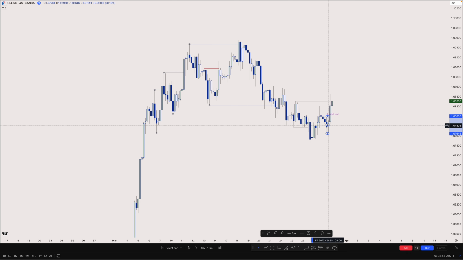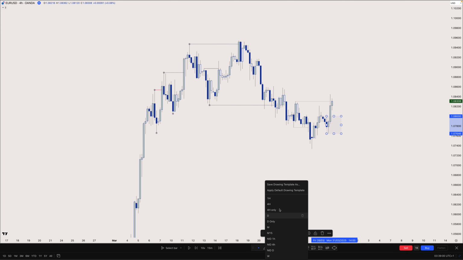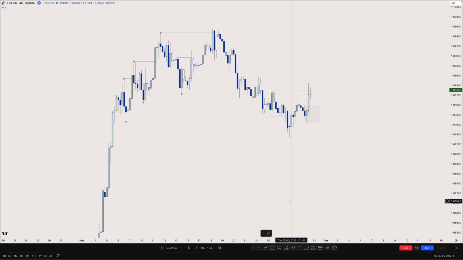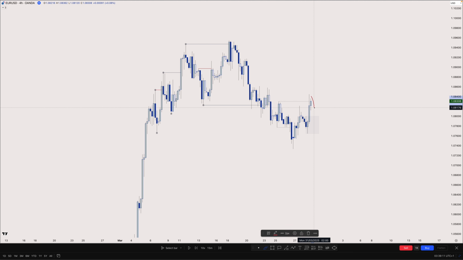So we understand that this was a 4-hour demand that was in control. Now we can definitely look for buys up to this supply, also up to this demand, and we'll reassess how price will react here. But yeah, definitely playing buys up to this demand makes sense from the 1-hour perspective.